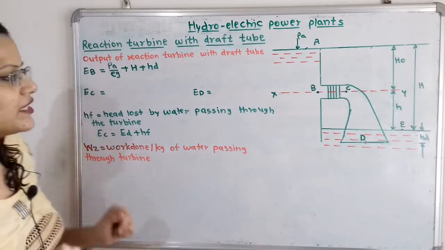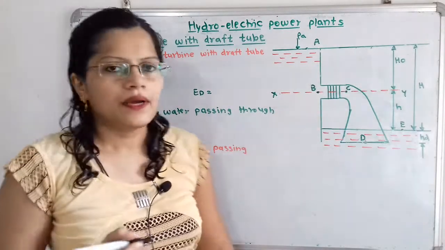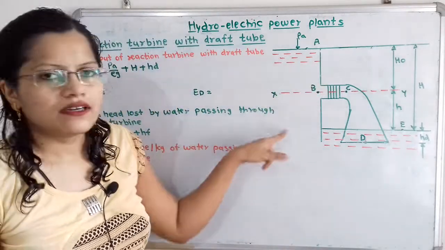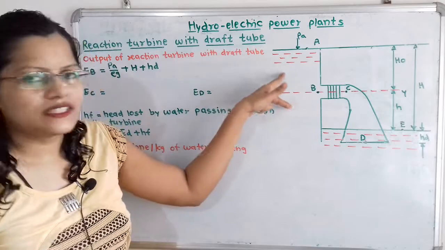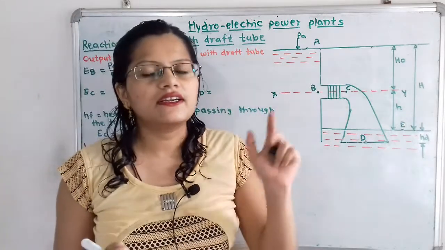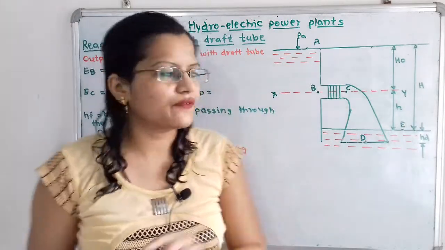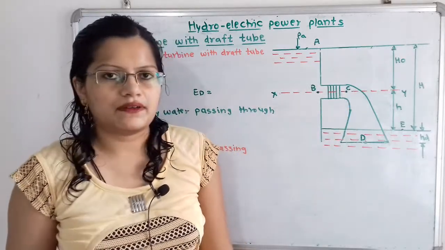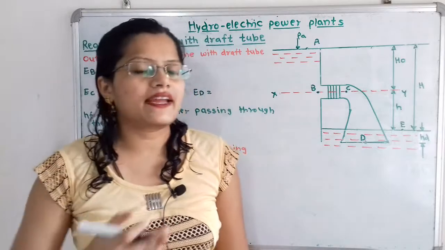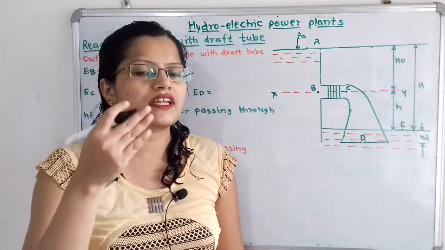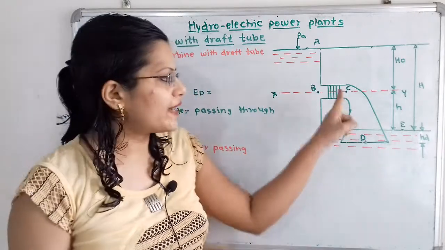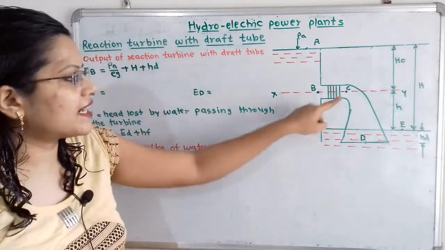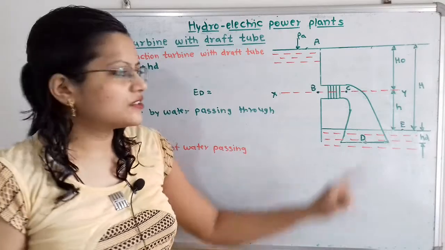Now we will move to the next point, that is the energy at point C. Here the static water is getting converted into dynamic condition when it passes through the turbine, or at the outlet of the turbine. So we have to write the kinetic head, that is V square by 2g. So at point C we will write Vc square by 2g. How can we write the energy at point C?